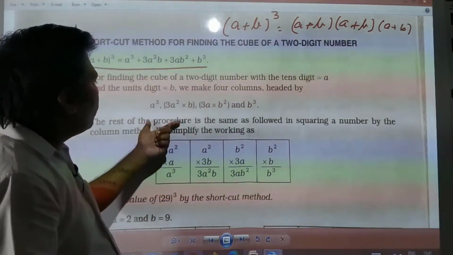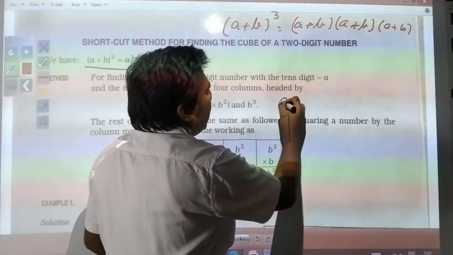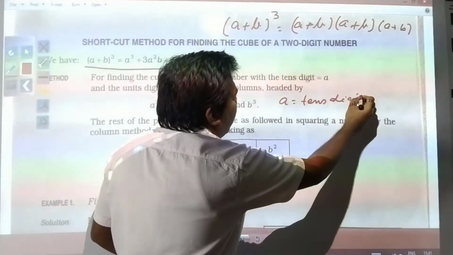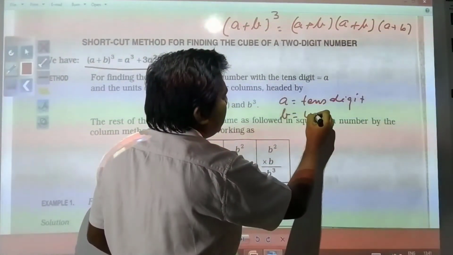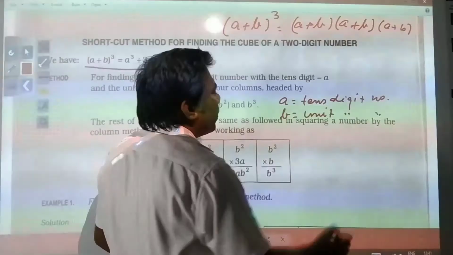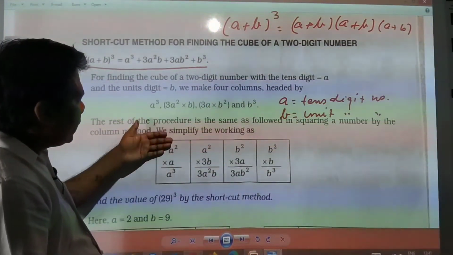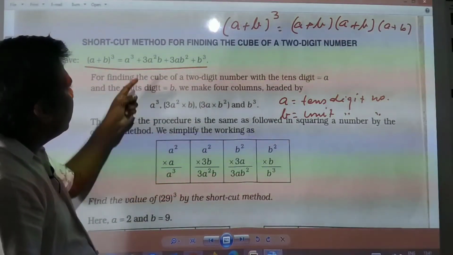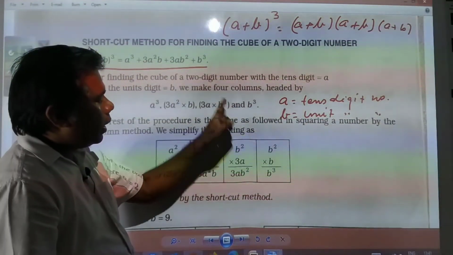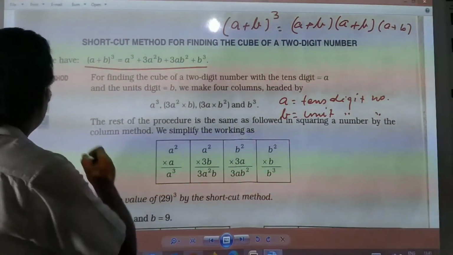You need to assume a as the tens digit and b as the units digit. In the first column you will have a cube, then 3a square b, 3ab square and b cube, and then you need to put the number.